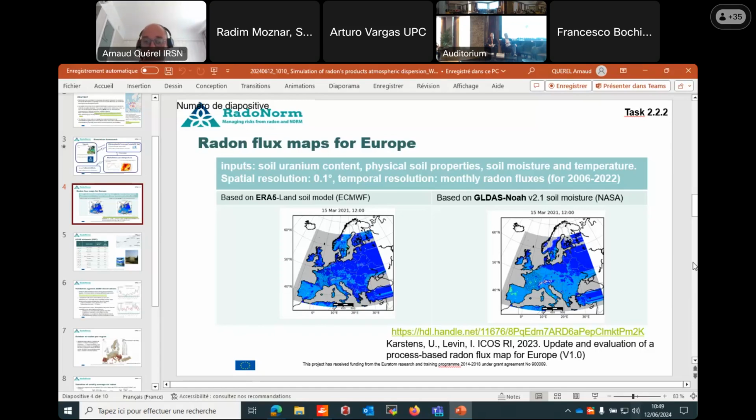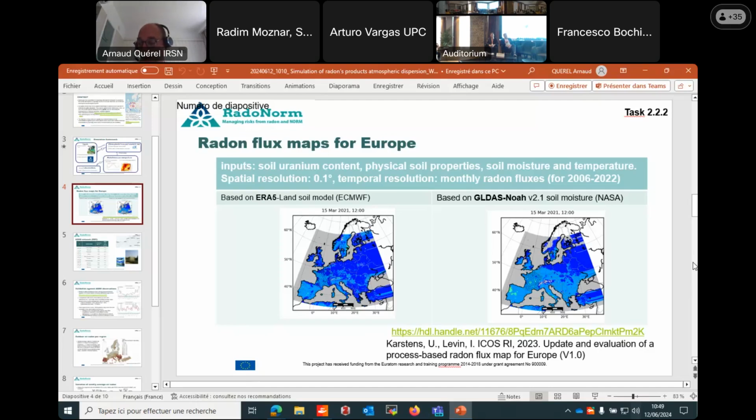And of course, it could be a very important way to improve the modeling. About the night events, it seems that the radon air concentration at night is mainly driven by the behavior of the atmosphere more than by the radon flux.